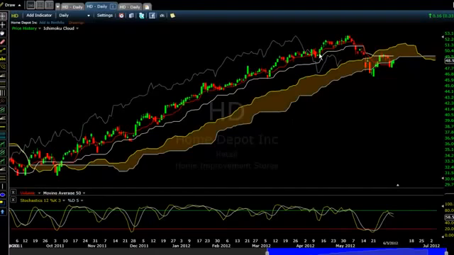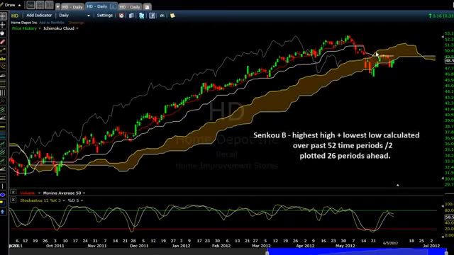Alright, so these closing candles here are actually projected 26 periods into the future, and that's where Kumo occurs, 26 periods in front, span A. Span B is the highest high and lowest low calculated over the past 52 candles, divided by 2, and then plotted 26 periods into the future.